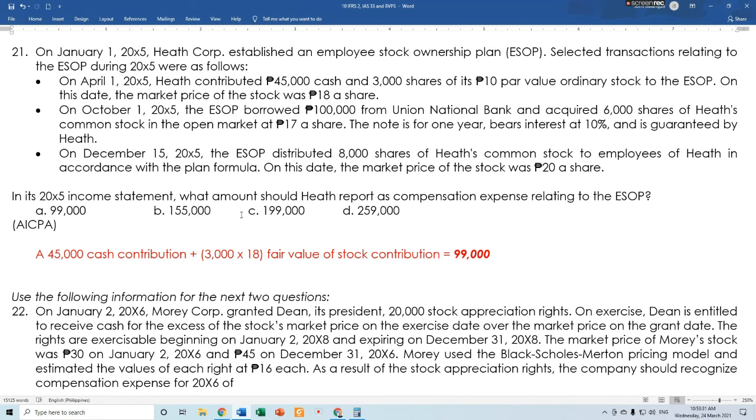Kasi yung inutang mo, that is related to a payable, which is not a contribution, so hindi yan part ng expense. Yung last naman na December 15, settlement lang yun, so it is not going to relate to expense. So ang sagot natin sa 21 is letter A, 99,000, being equal to the contribution made by the employer to the plan.